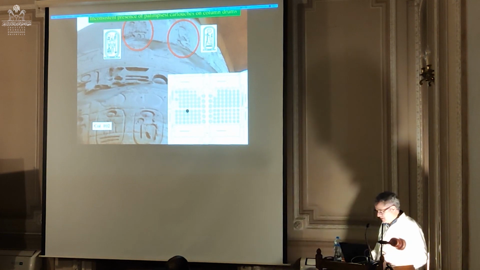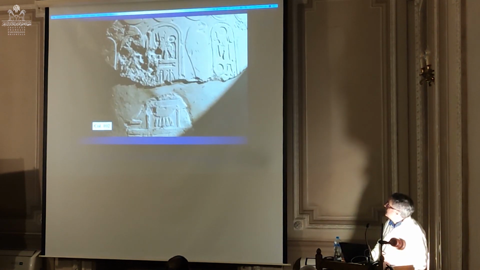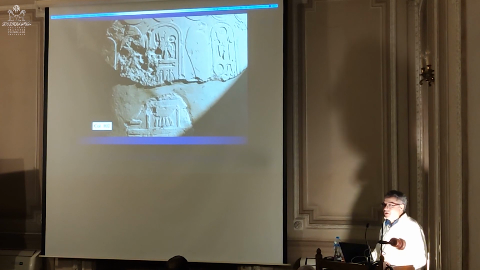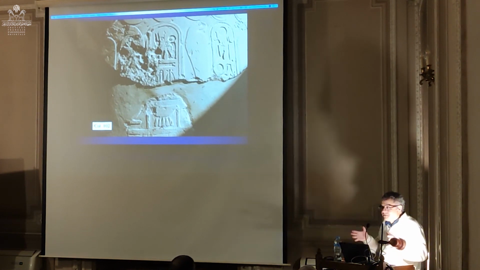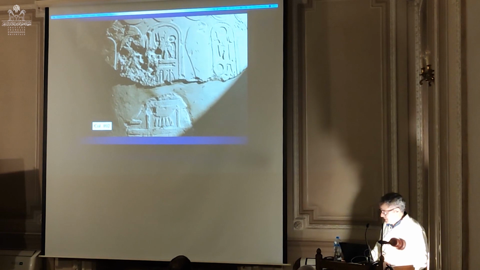So that kind of matched in terms of logic. But in fact, it seems that this entire column, column 102, is a pastiche column made up of different sections coming from different parts of the hall.